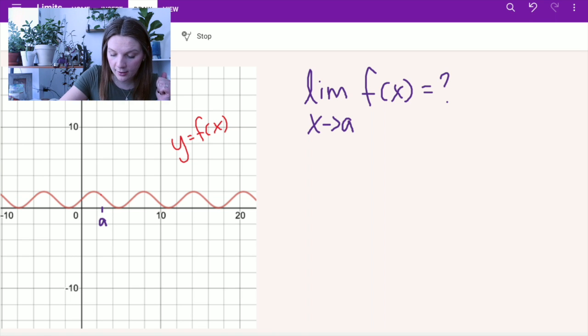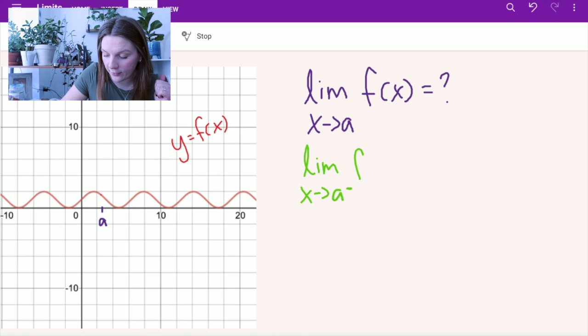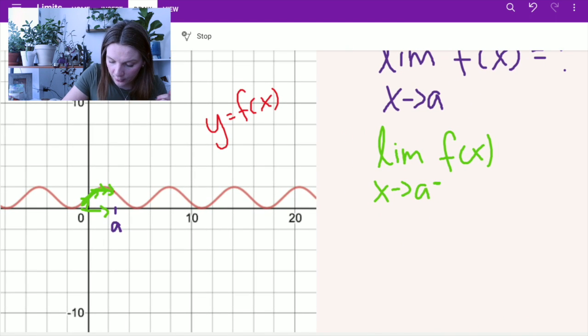So if I say the limit as x goes to a from the left of f of x, then I mean I want to travel along that function from the left, taking values of x closer and closer to a. So my x values are approaching a, and I'm traveling along the function. So in this case, I'm going to end up near some value, let's call it b.